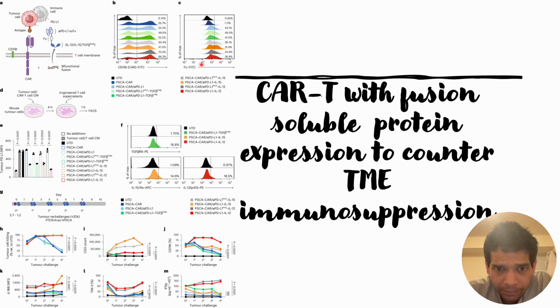They checked the efficiencies through CD19 expression, and they also checked the fusion protein expression through the truncated Fc expressed with PD-L1, and they see the Fc expression is also similar.